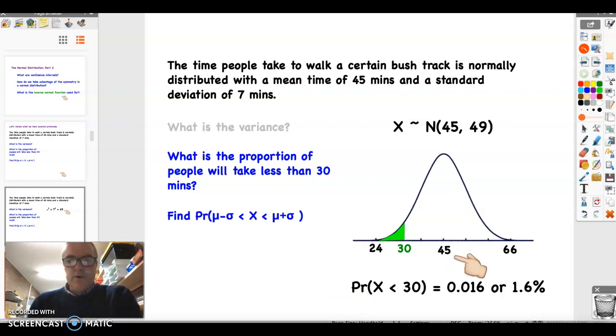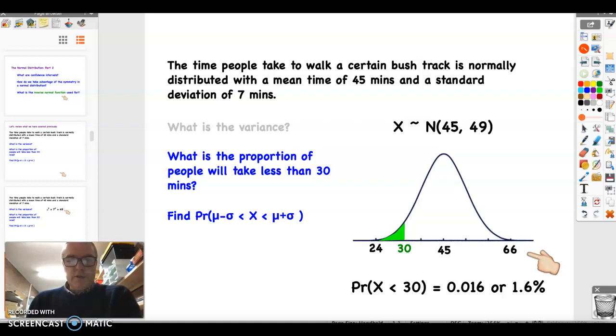You can see I've got my mean in the middle, and I've used the standard deviation. 3 standard deviations above the mean is 66. 3 standard deviations below the mean is 24 minutes. Practically everybody finishes this bush track in between 24 and 66 minutes.